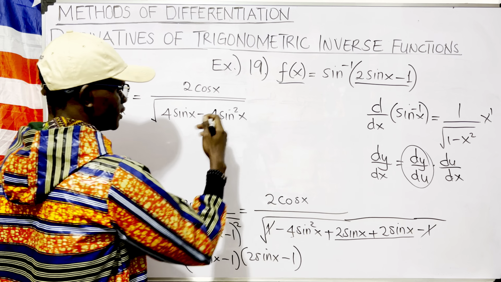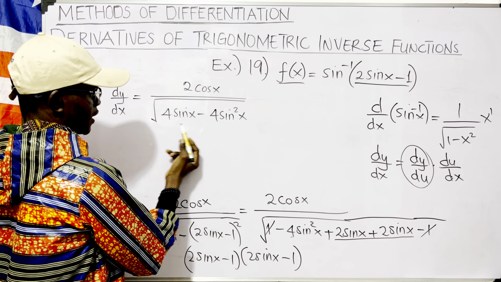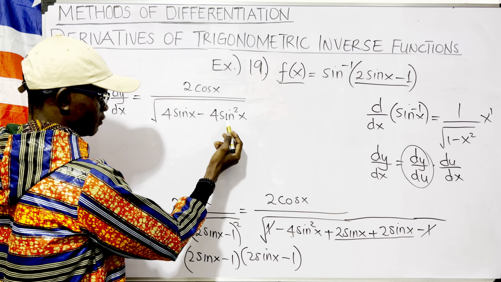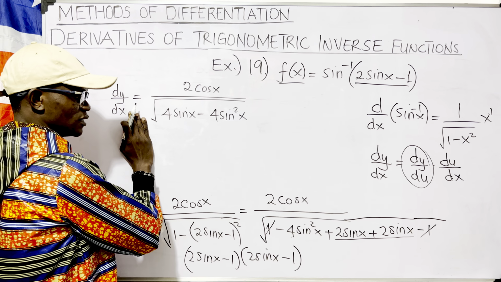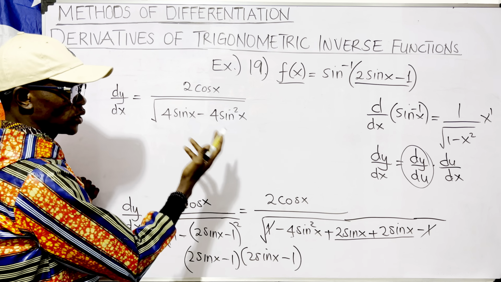So in order to simplify this problem further, we can factor out. Now, in order for one of these trig functions to come outside of this square root, it means that the factor must be a square.